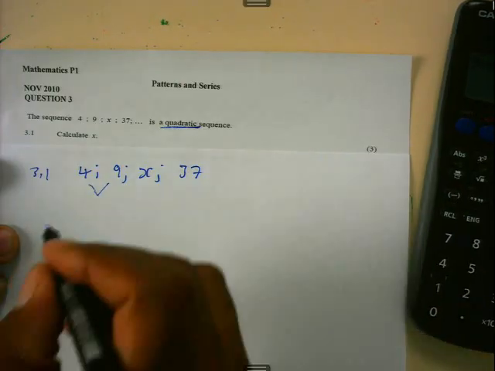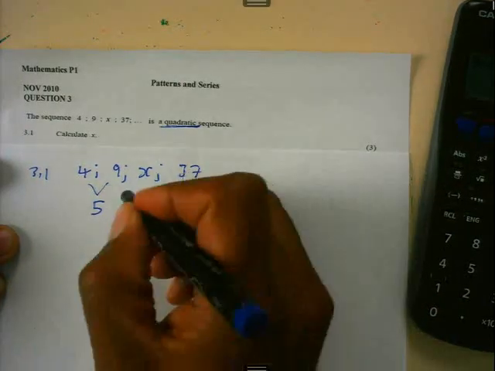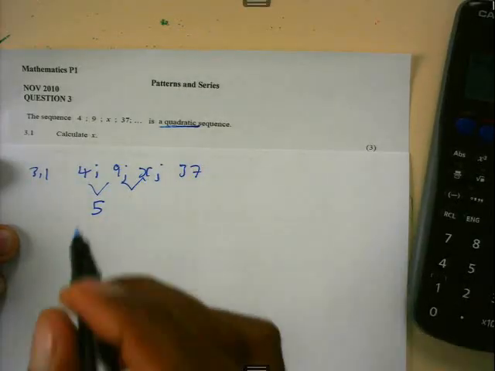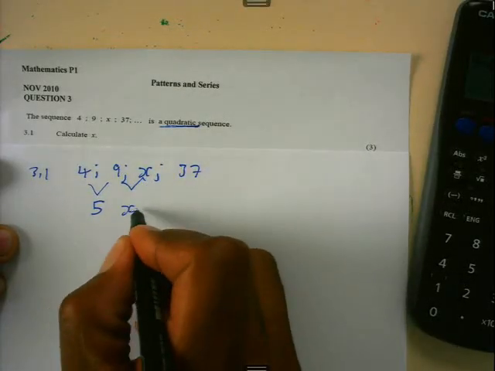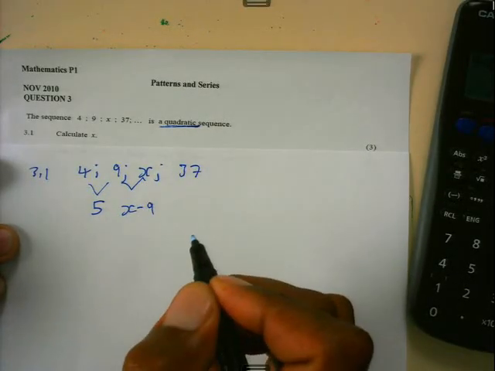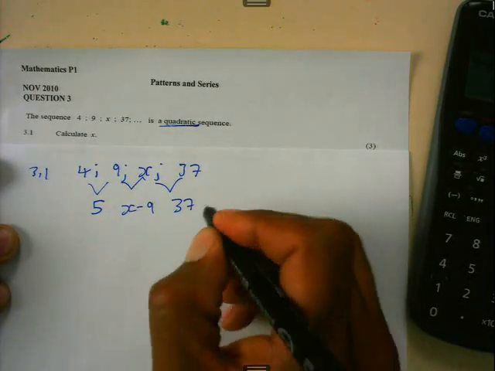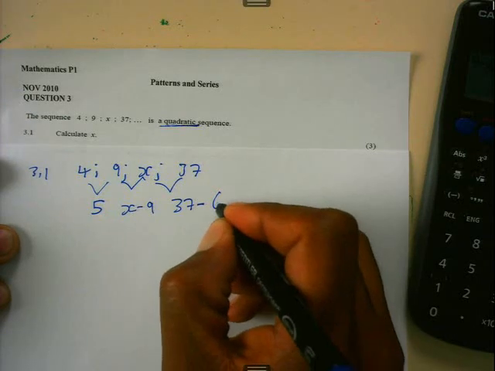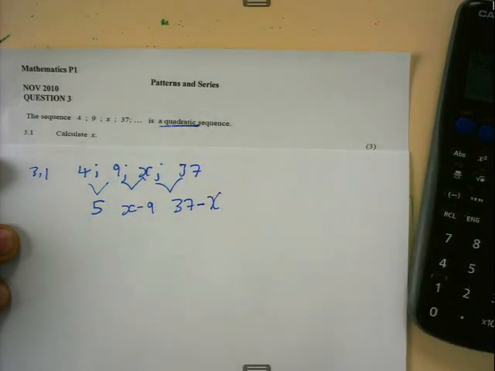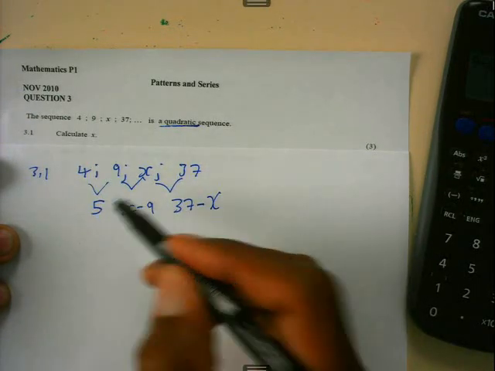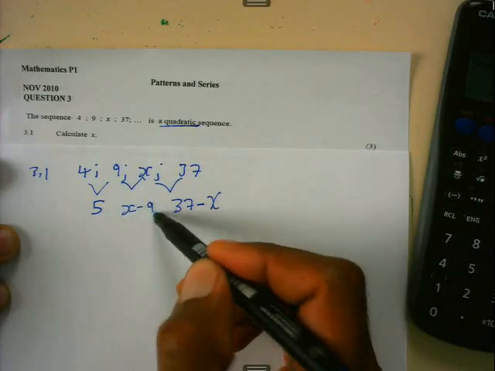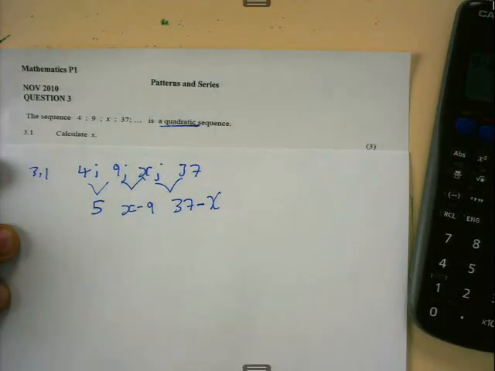What is 9 minus 4? It's 5. Now from here, you take x minus 9. Now from here, we will have 37 minus x. That is 9 minus 4 is 5, x minus 9, and 37 minus x.